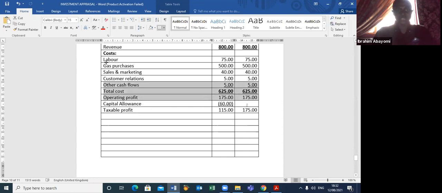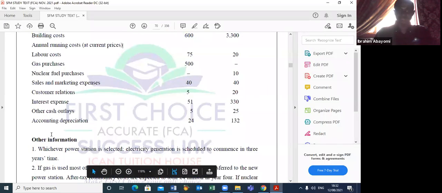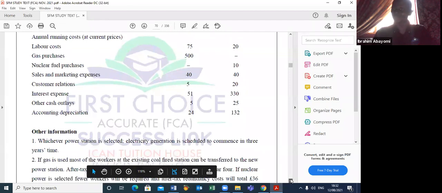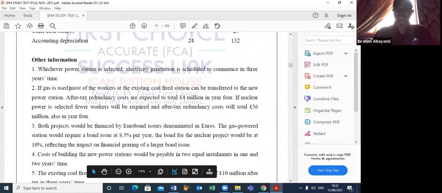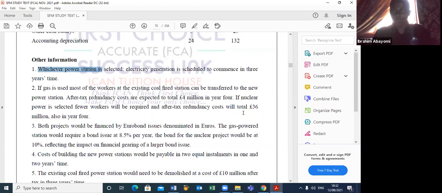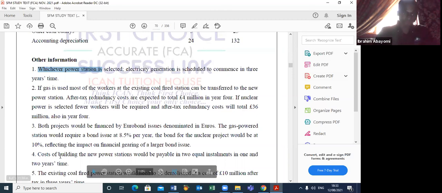Abby, don't we have other cash flows in the question? Of course we do. But all the other cash flows under the additional information are not cash flows that will go for 25 years. They are just one year cash flows. Look at it. Redundancy cost is year 4, not 25 years. What again?